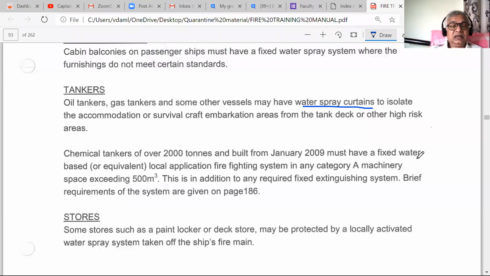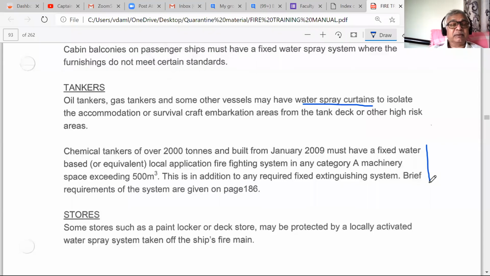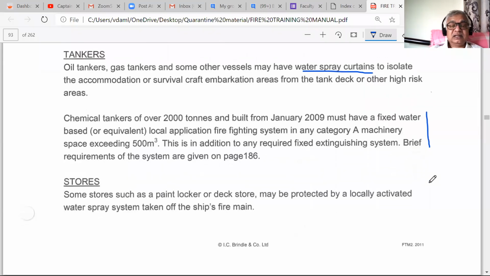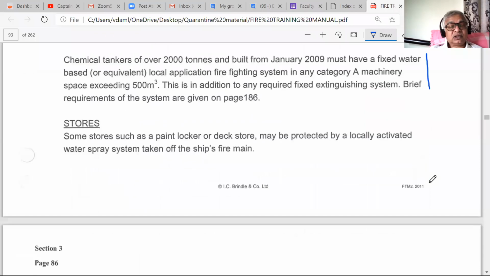Now here it is compulsory. Okay, after 2009, if you go on newer ships, you will find it on chemical tankers. Now, water spray system on stores like paint locker is very normal, very, very normal.